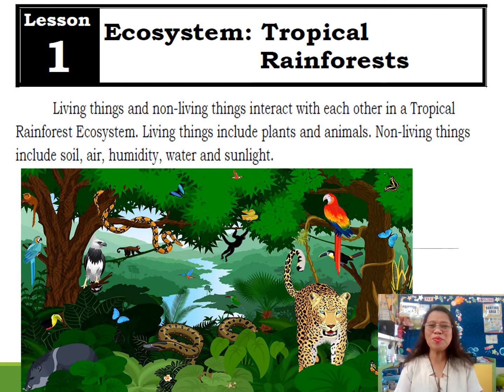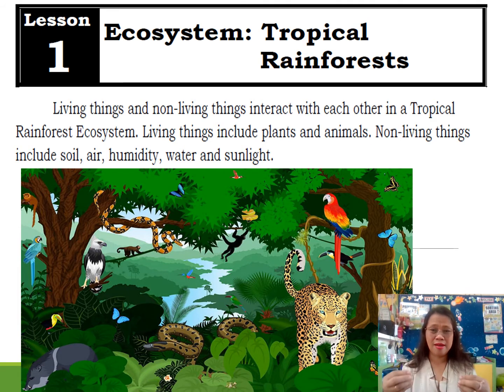Now, lesson 1 is all about the ecosystem in our tropical rainforest. Wow, what a nice illustration. Try to look at the illustration, class. Living things and non-living things interact with each other in a tropical rainforest ecosystem.